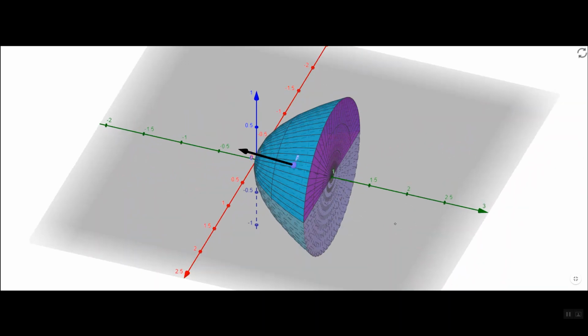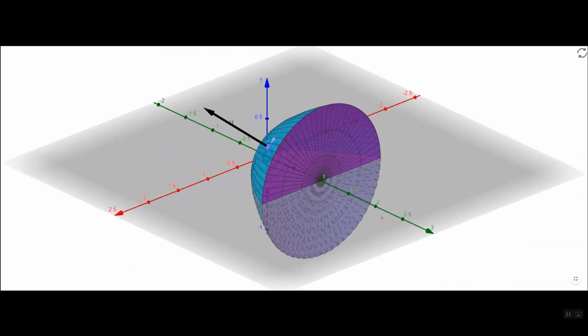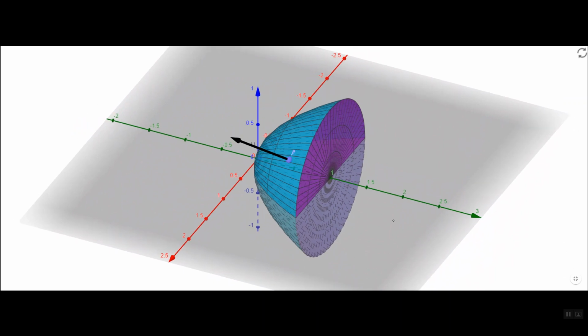There we go. Once we're looking at this, again, we need to consider this normal vector, and it's going to have to be a normal vector to that surface. So as we start moving this vector, it should always stay normal to this surface that we're observing here. Now, the big question is going to be, how do we get that normal vector? That is the big question, and we'll get to that in a bit.